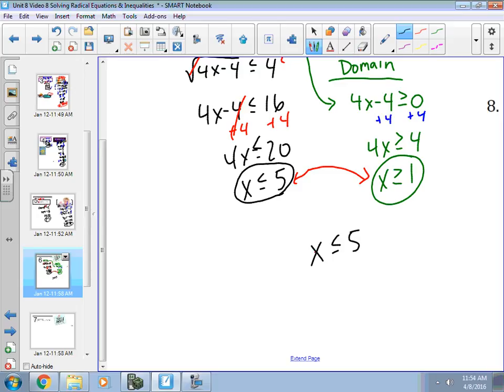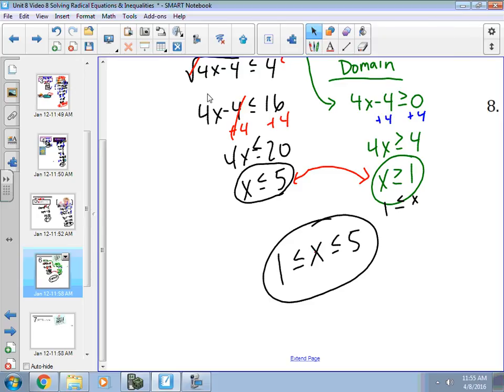Well, to write that here, if we were to switch these two things around here, 1 and x, we want it pointed at the 1. That means it should look like that. There's our compound inequality saying that anything between 1 and 5, including those two numbers, would be solutions. So with inequalities, you've got to sometimes check the domain and make sure that the domain stays true with these.